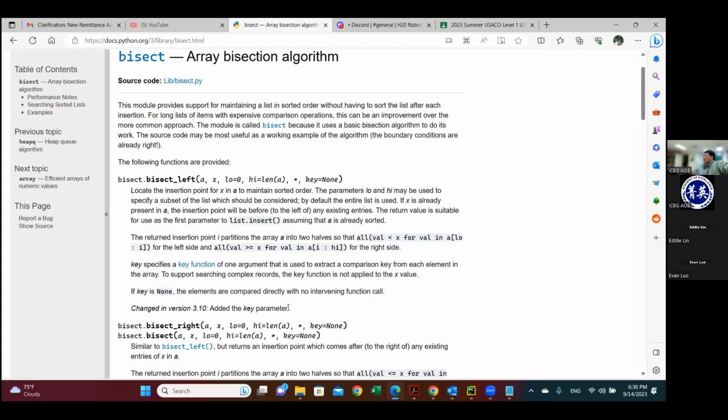Does this make sense to you, this function? You know how it is used?